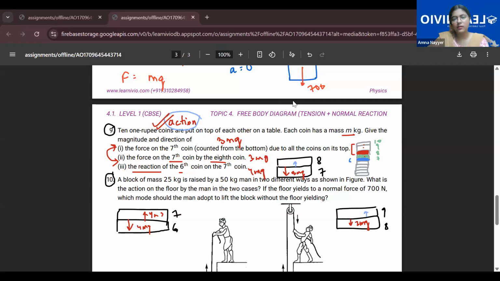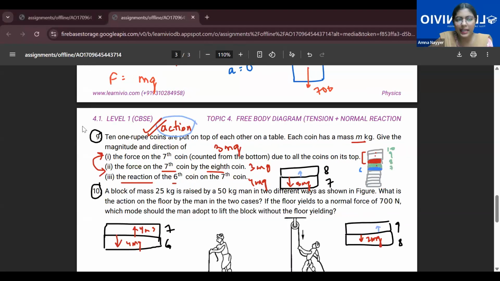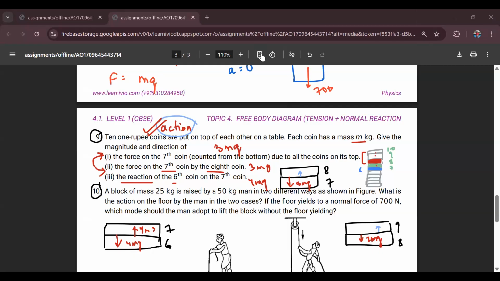These revision sheets aren't made by me, so I don't know. The weekly test papers that I share with you, I have made, but not these revision ones. Let me take the sheets so I can discuss with all of you.